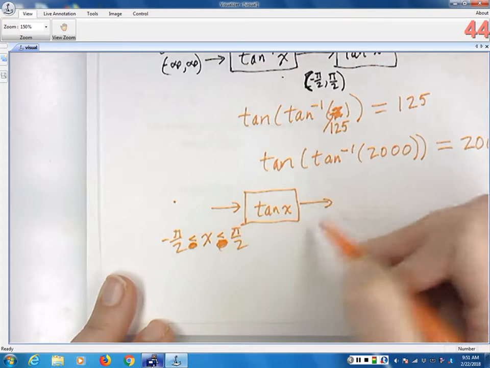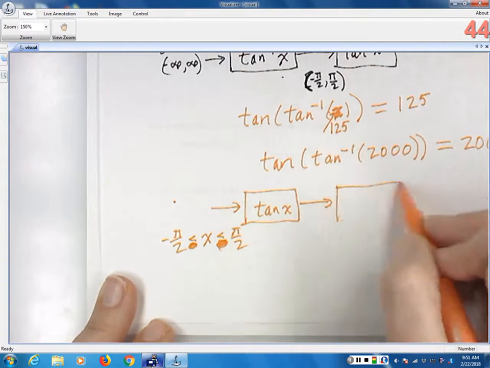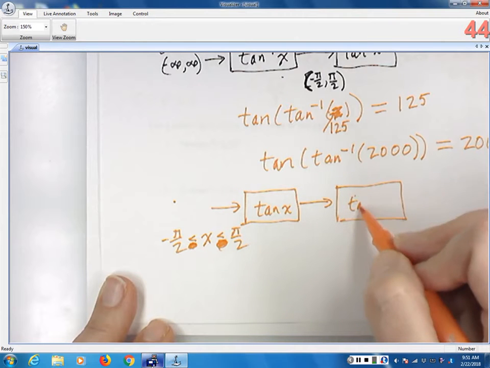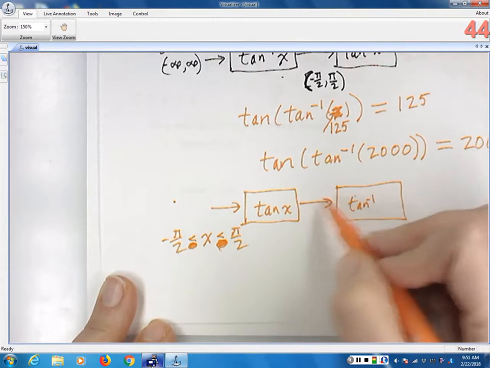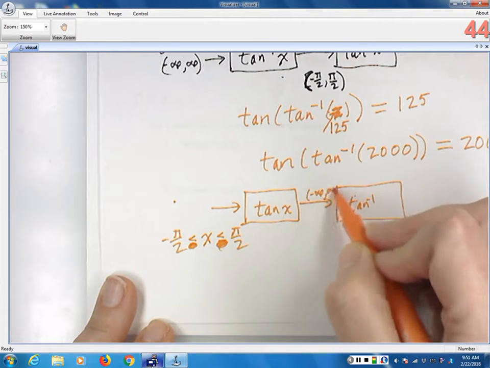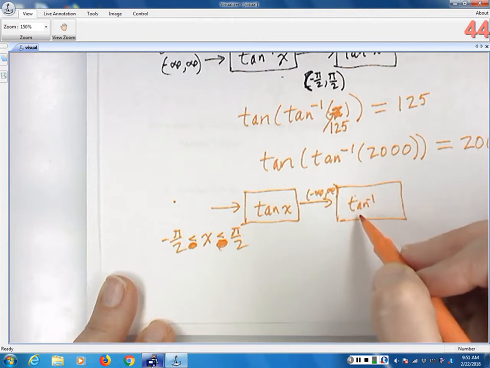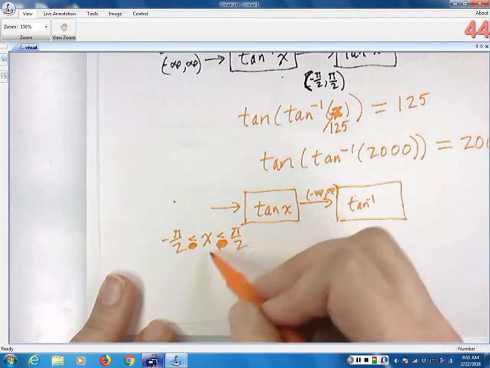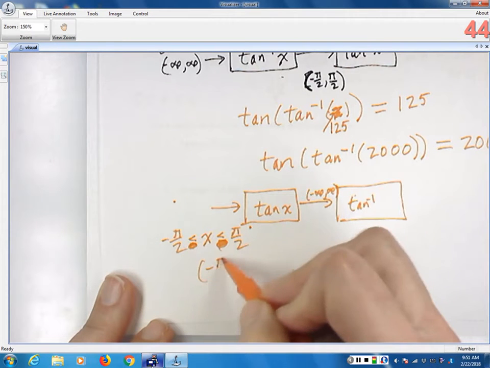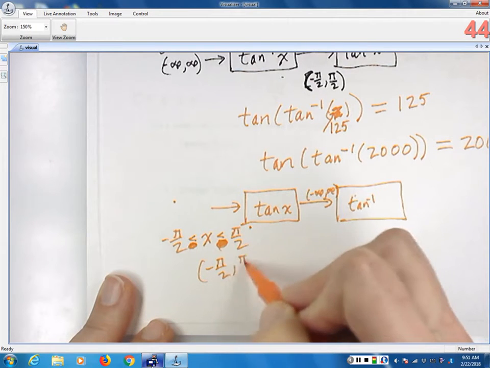You're getting things out, and you're going into inverse tangent. This allows minus infinity to infinity into inverse tangent. But we need to use this restriction, minus pi over 2 to pi over 2.